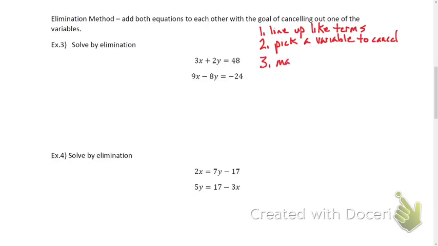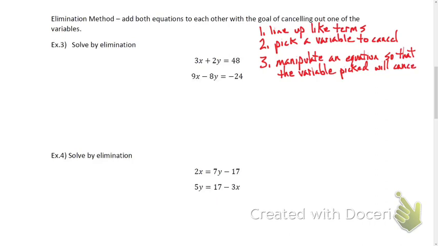Step 3, manipulate an equation so that the variable picked will cancel when combined. And then lastly, combine and solve.